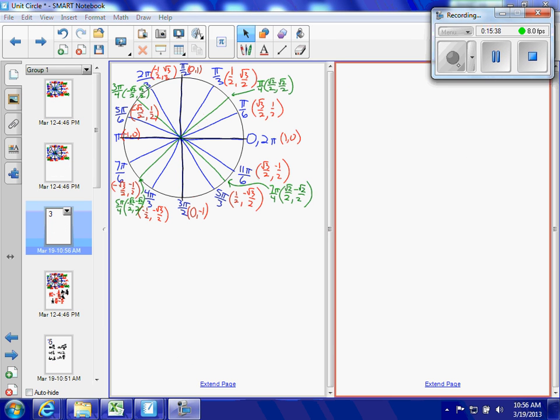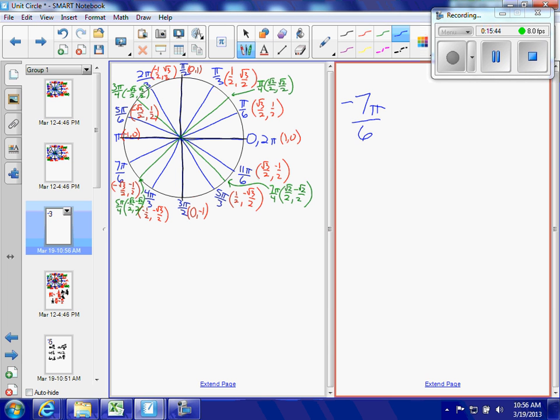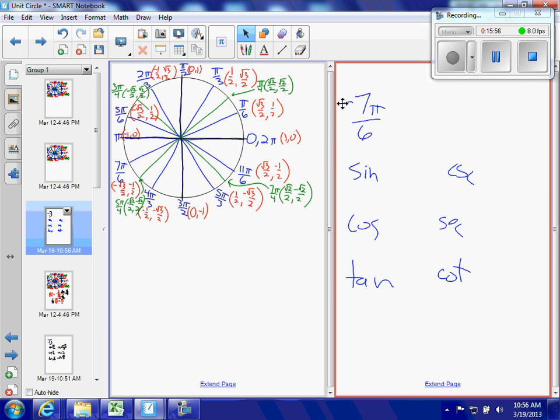The last one that I'm going to do here is negative 7 pi over 6. Sine, cosine, tangent, cosecant, secant, cotangent, negative 7 pi over 6.